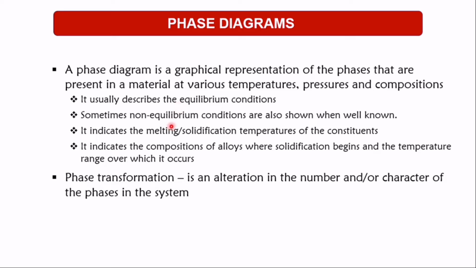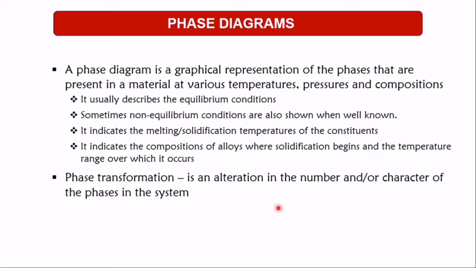It indicates the melting, that is the solidification temperature of the constituent. It indicates the composition of the alloy where solidification begins and the temperature ranges in which it occurs.